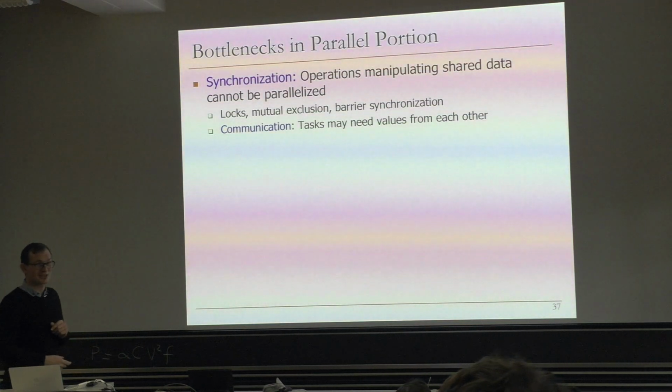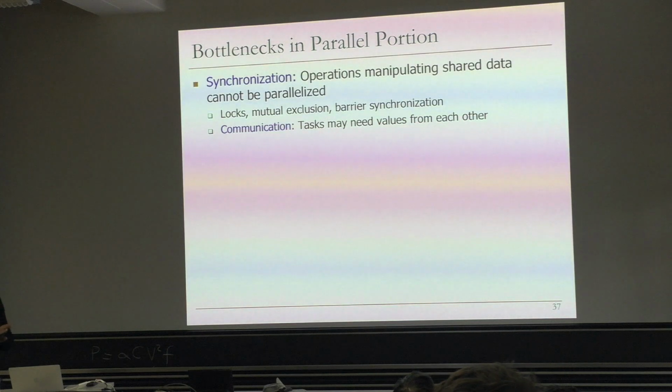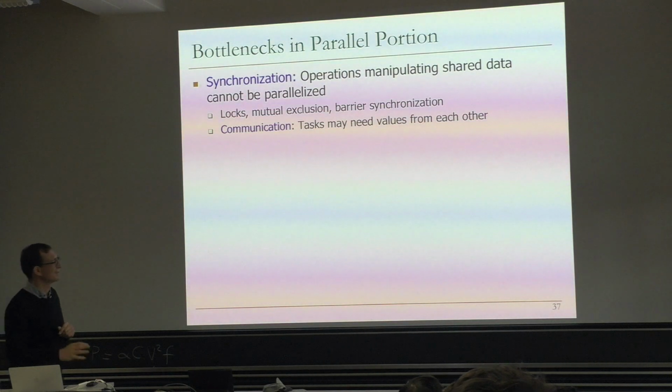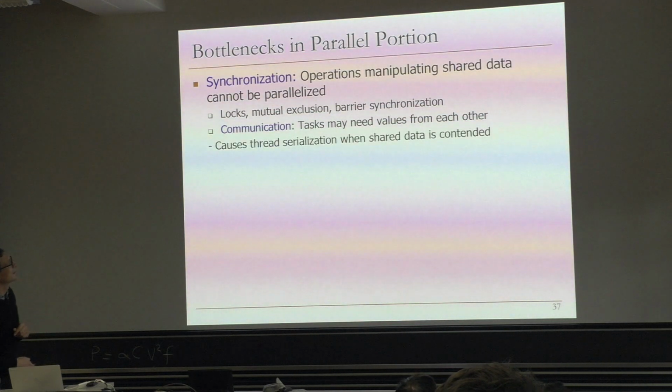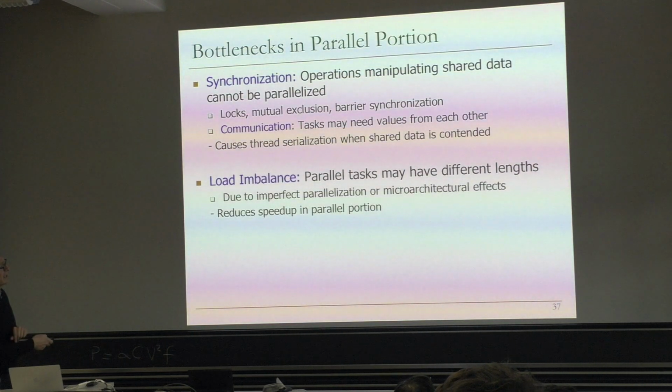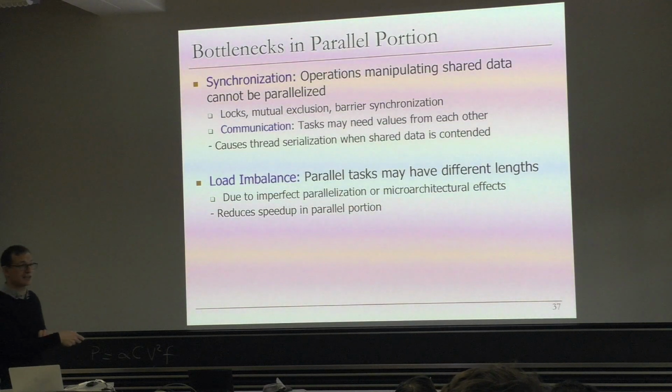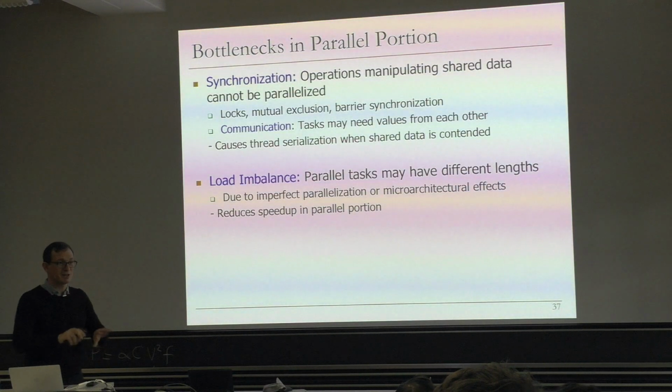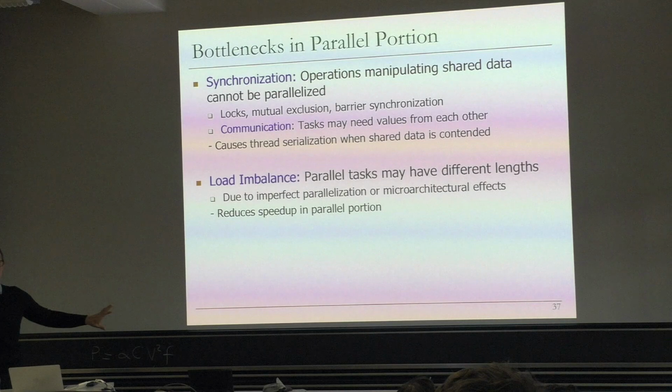Tasks may need values from each other, as opposed to the example that we've seen where we ignored that. And we already discussed this. Load imbalance can happen because of imperfect parallelization and also microarchitectural effects. You may think that you perfectly parallelize your program.